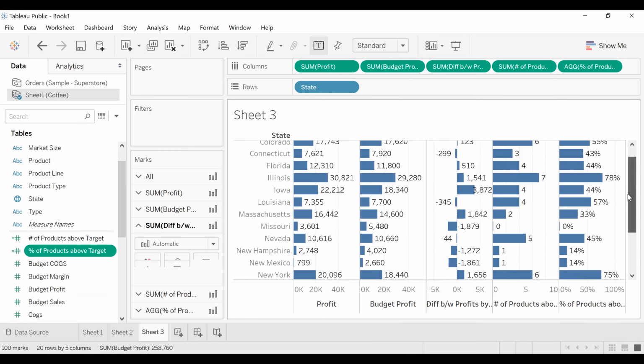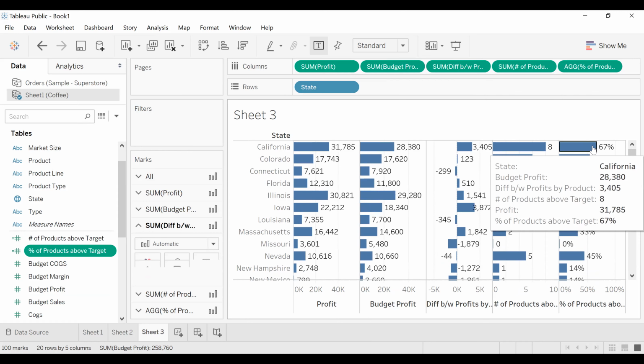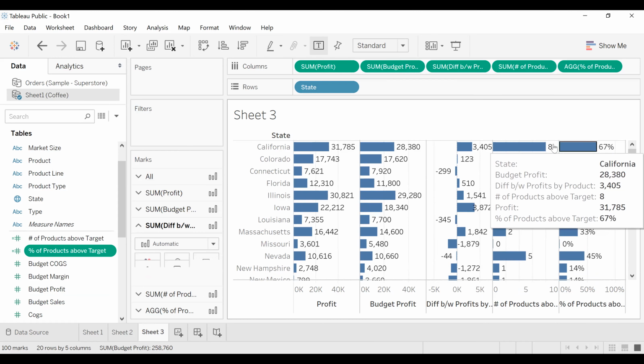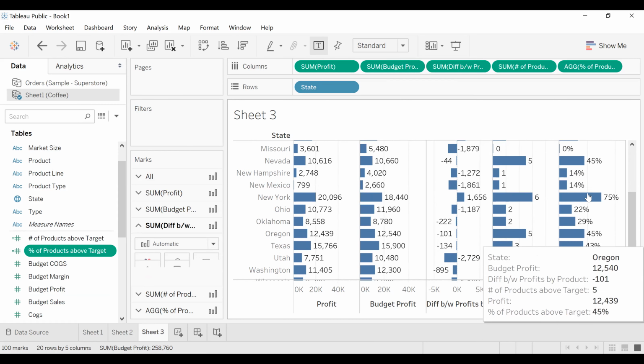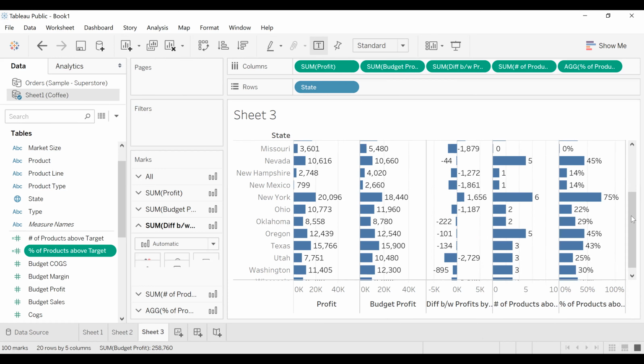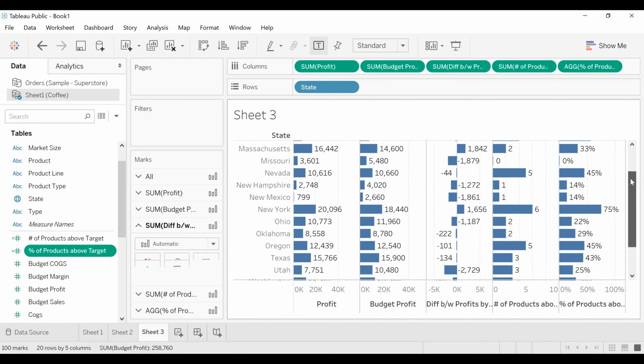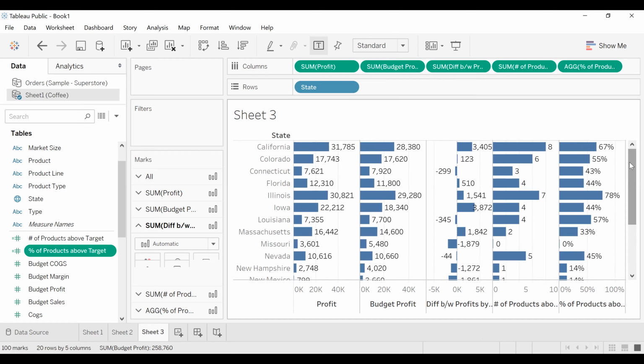So we are not considering the ones which are below the targets, meaning the negative ones. It's just 65.7% which are above the targets, right? So there are 25% above the targets here, and 14% above the targets here. So it is clear, right?